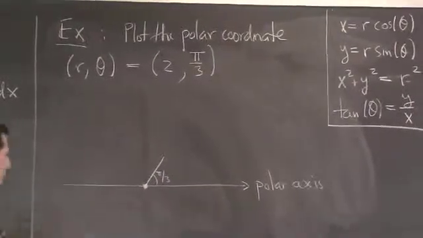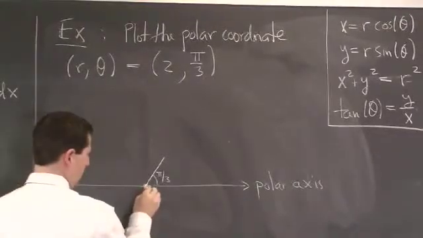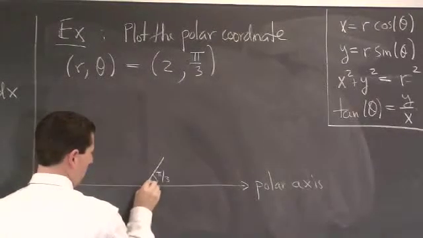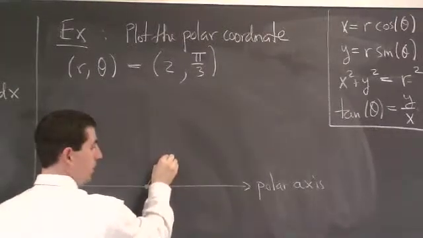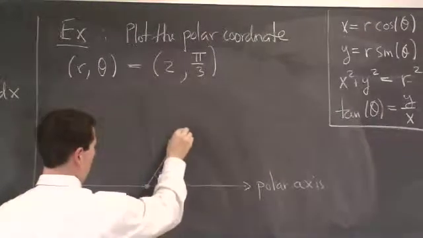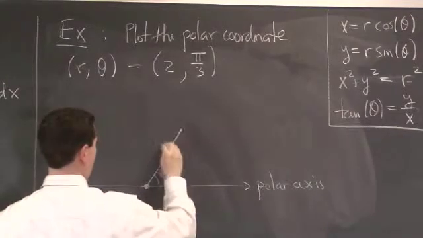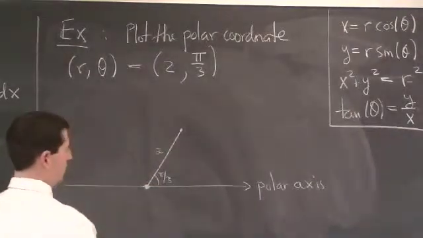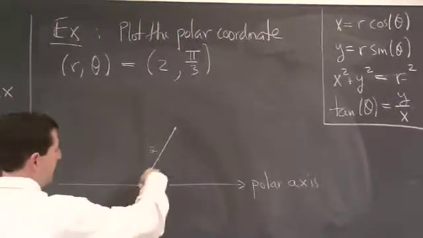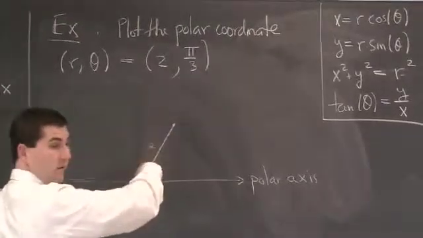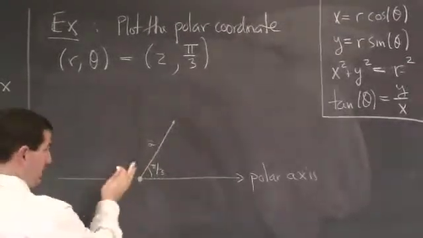Now the question is, so you start with a ray at the center here, and you go out. How far do you go out? You got 2 units. It should be 2 units away. Now, when I plot this, this line is actually not the plot. This just is a reference here so I can see where it should be.